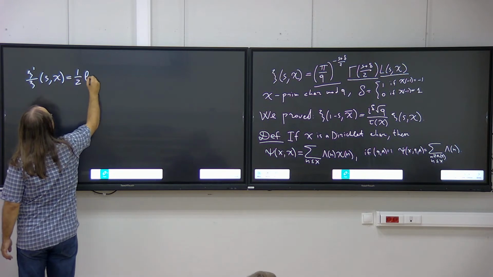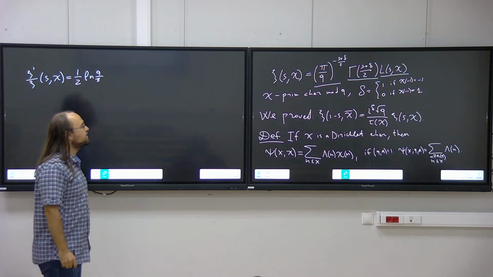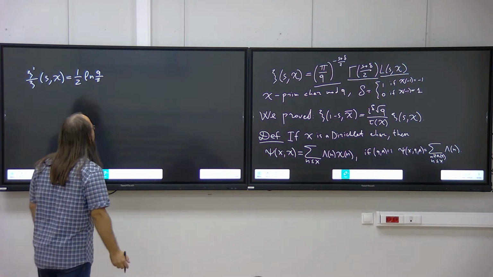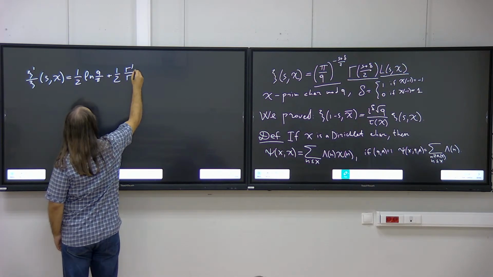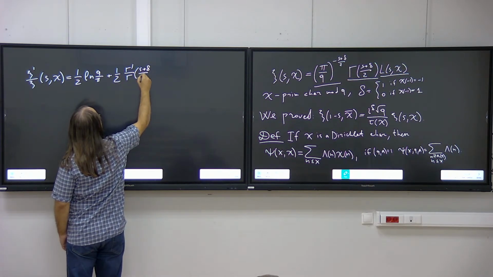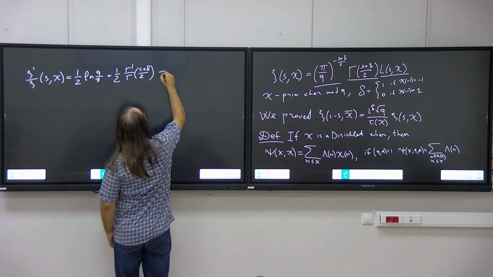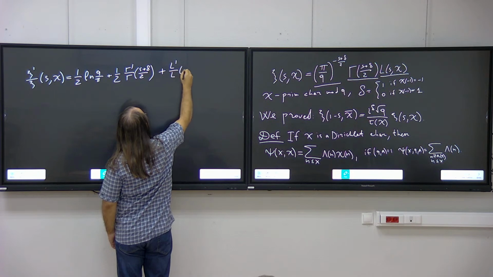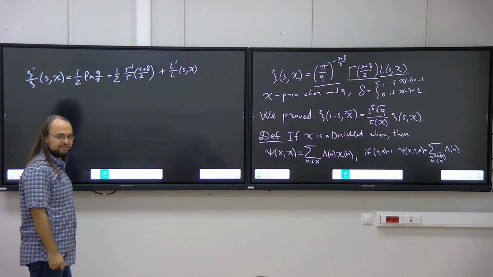Then you have the logarithmic derivative of gamma, half of it once again, because we have a half in the gamma function. And then you have L prime over L of (s, chi).